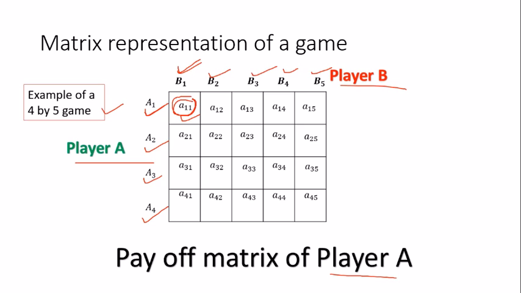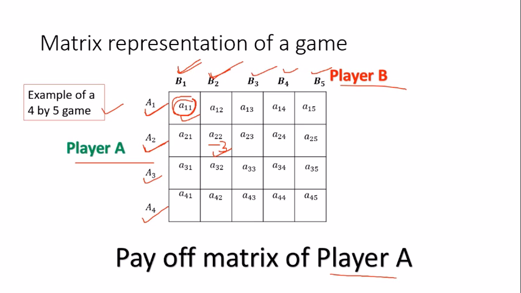For example, if this number is -3, that means if A chooses strategy A2 and B chooses strategy B2, then A gets -3, or you can say B gets 3, whether dollars or rupees, and A loses 3. So it's actually the sign which determines which player is gaining and which player is losing.